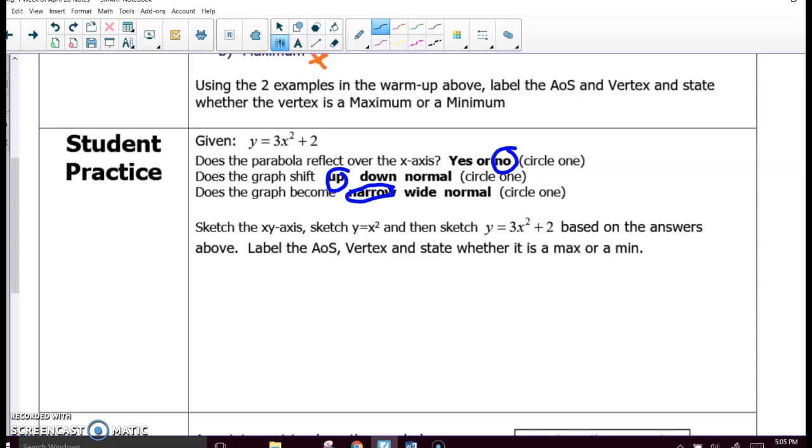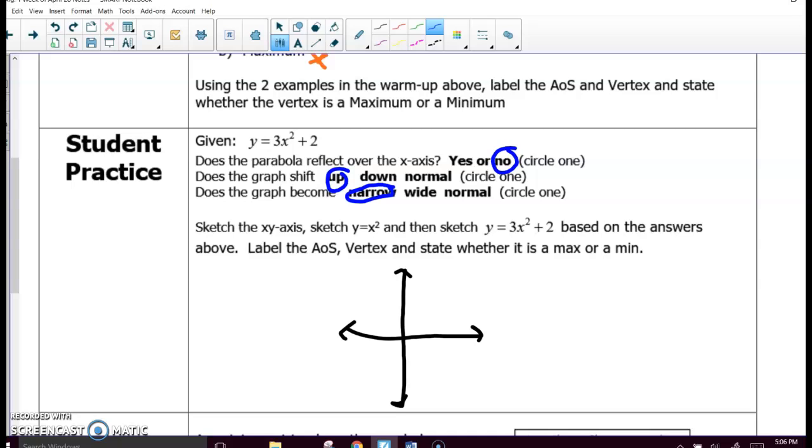So they ask us to sketch the xy axis. We're going to first sketch y equals x squared. It's asking us to sketch, so I don't need tick marks in there.